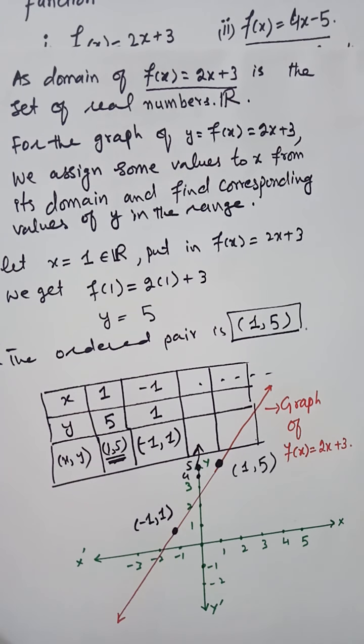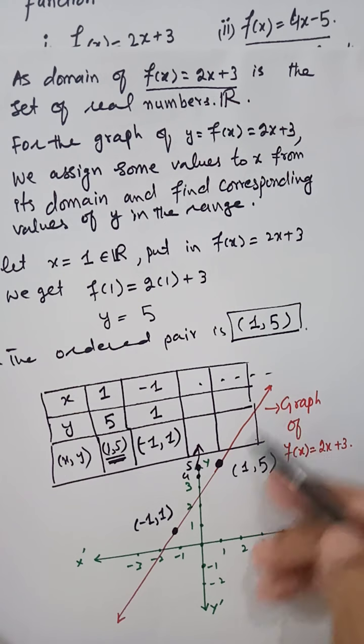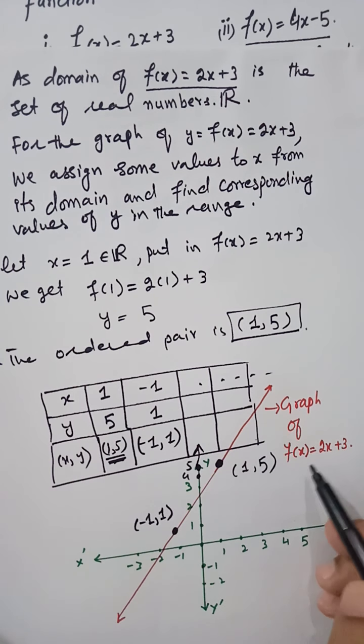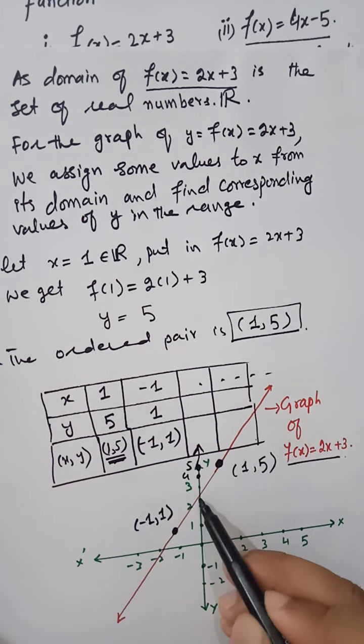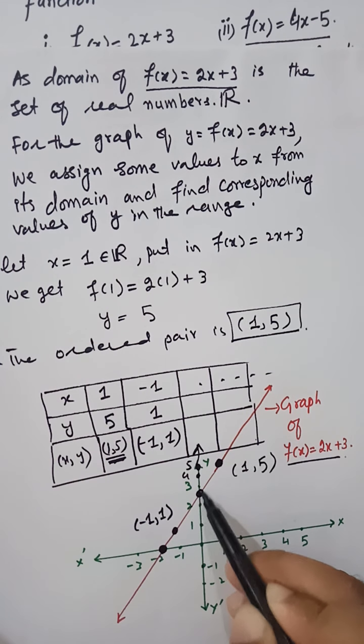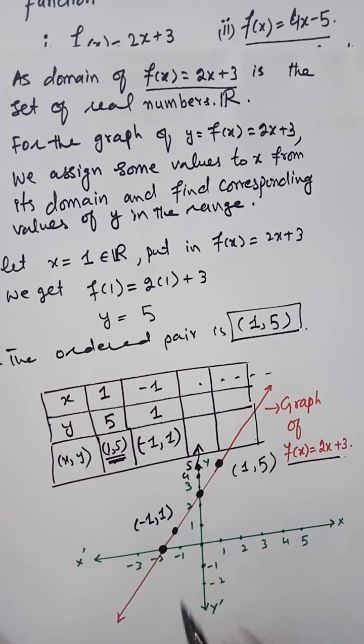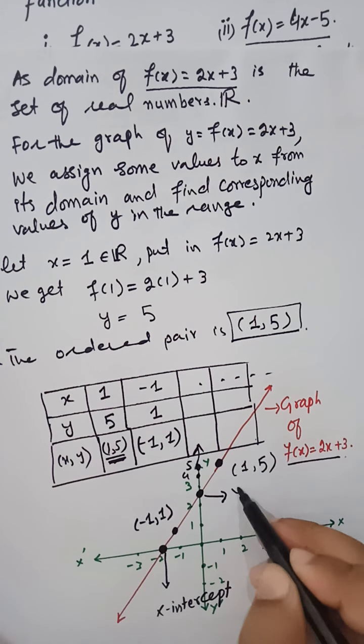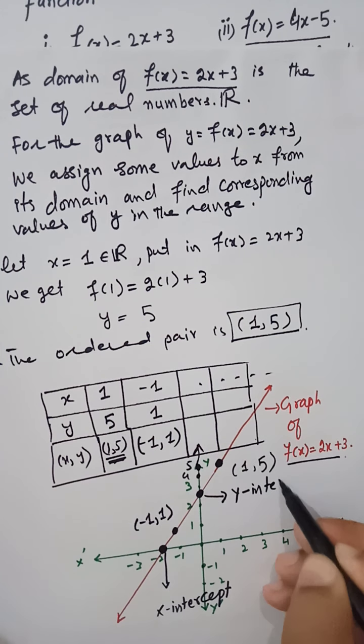But you see, this graph, which is the straight line, the graph of this function, passes through the x-axis and passes through the y-axis. This is the point where this function passes through the x-axis, and this is the point where this function passes through the y-axis. So this point is called the x-intercept, and this point is called the y-intercept.